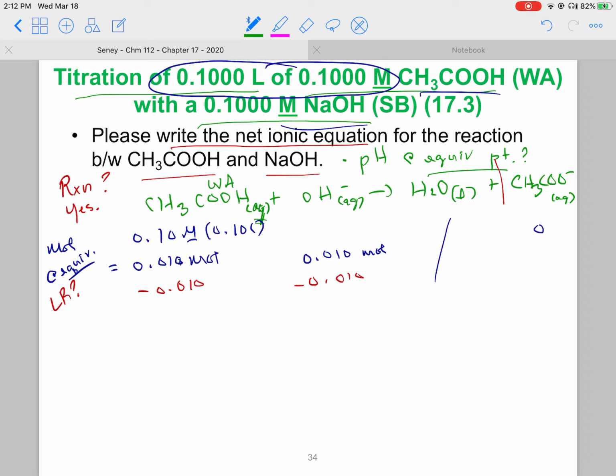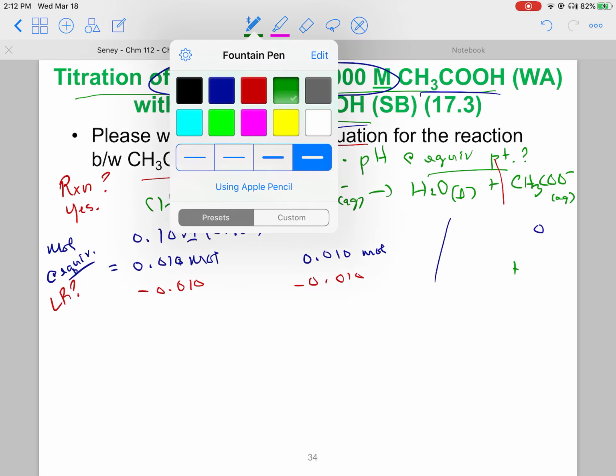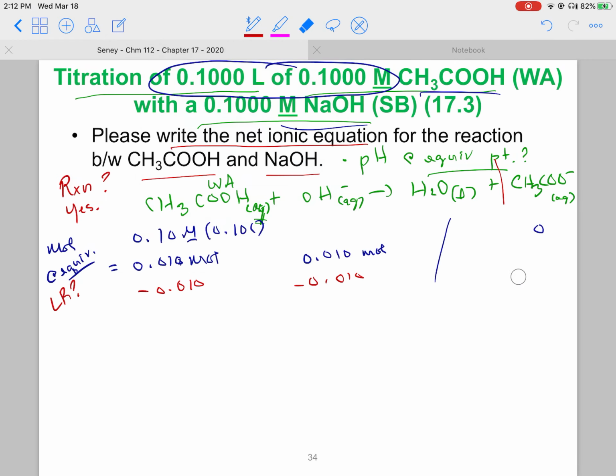So now we've delivered 0.01 of the hydroxide in there, and that means for every 0.01 that we've consumed, we produce 0.010 moles of acetate. And so when we look at this, we have no acetic acid and no hydroxide at equivalence. That's the case because we have the same number of moles of each.